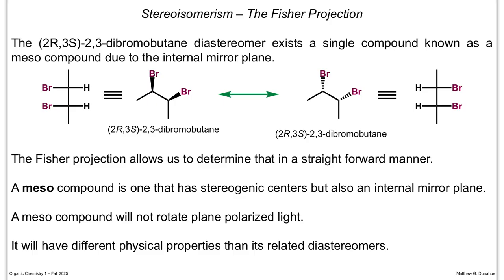So the internal mirror plane, sort of the top, has to mirror the bottom exactly. So your bromines, your hydrogens, your methyls. And so meso compounds are defined as having a stereo center, usually multiple stereo centers, and then an internal mirror plane. So the optical rotation of these is going to be 0.